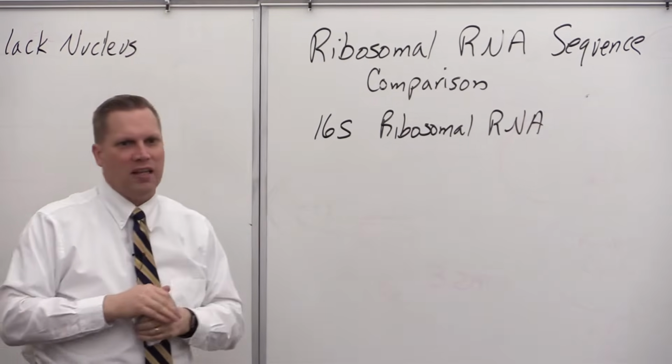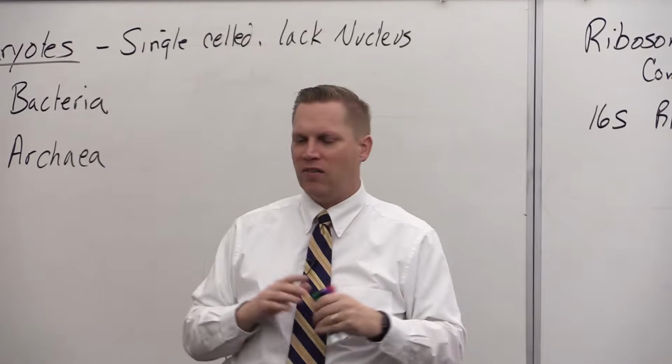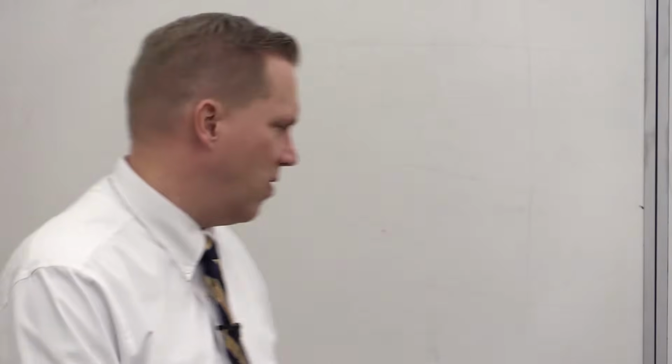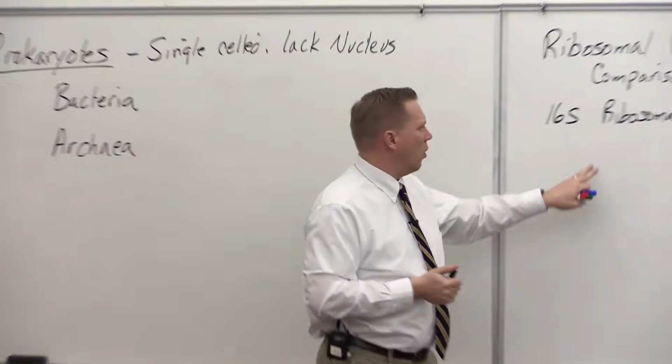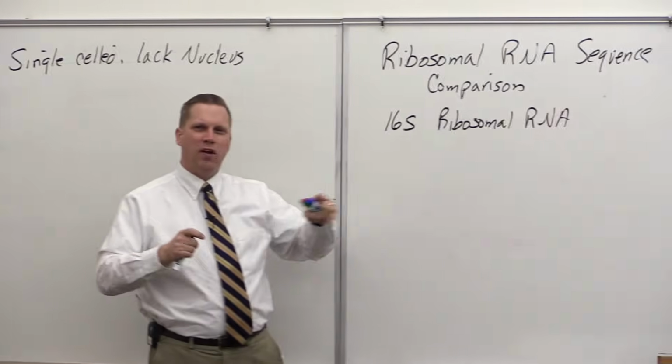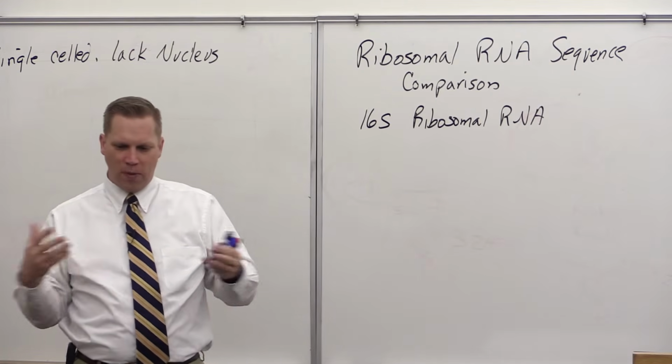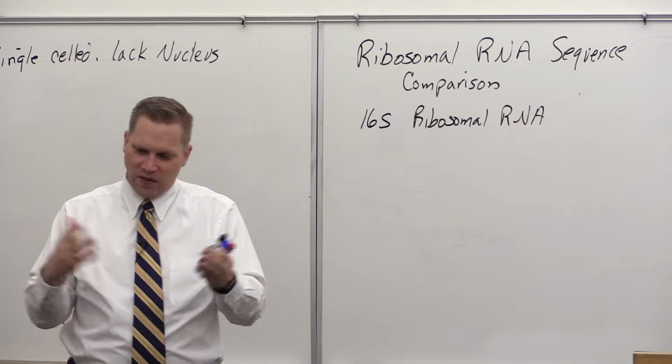So as he was looking at these 16S ribosomal RNAs, he was really expecting to see a lot of commonality between the archaea and the bacteria. They knew they were slightly different organisms, but they thought that they were really quite similar and that there'd be a lot of unity between those RNA sequences. If to put it in terms of modern day human languages, he was expecting to open up the ribosomal RNAs as if each one were a book.